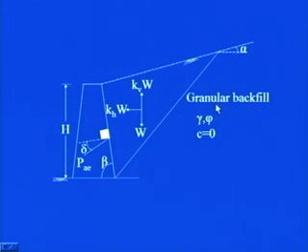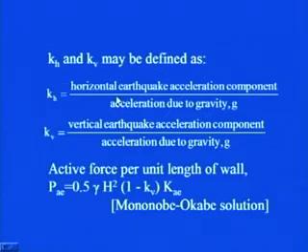Granular backfill is used, so C is equal to 0, gamma is the unit weight of the soil, phi is the angle of internal friction. Again in this case inclined backfill, which makes an angle of alpha from the horizontal, has been considered. Rest all things remaining same, only two additional components of weight due to earthquake will come into picture.